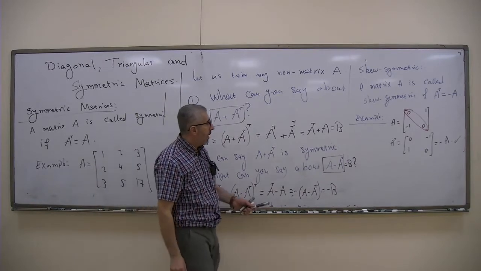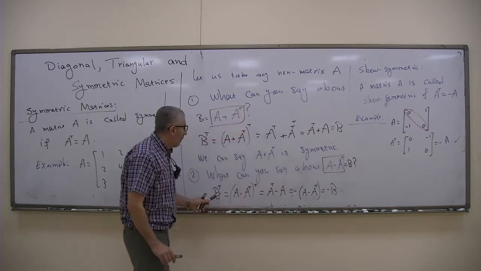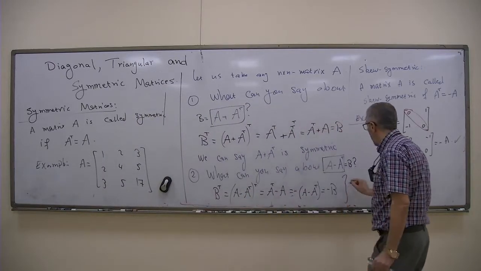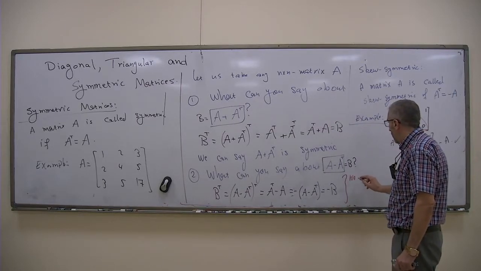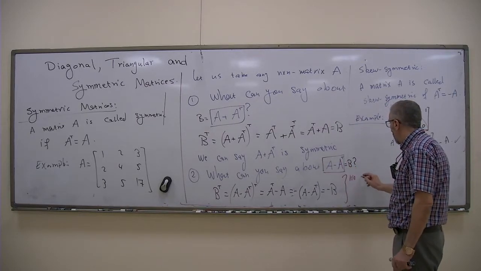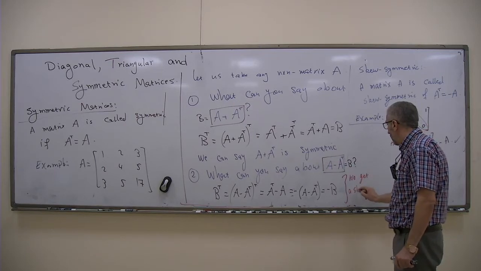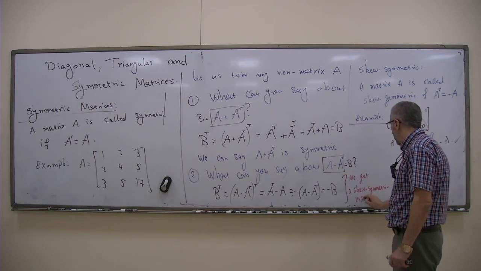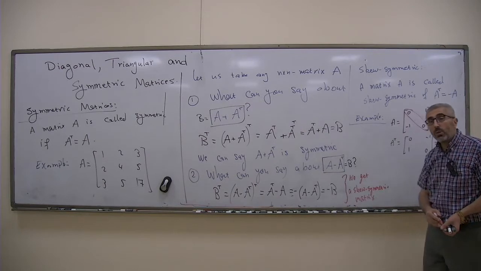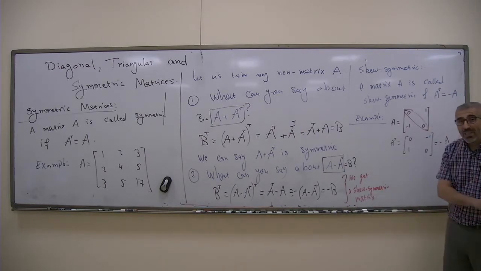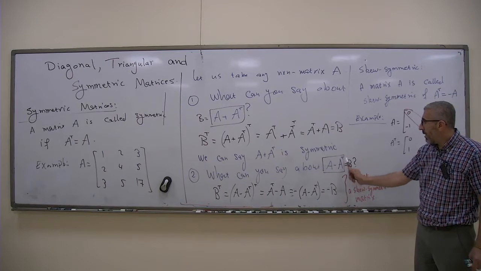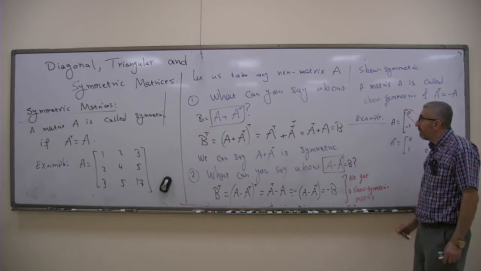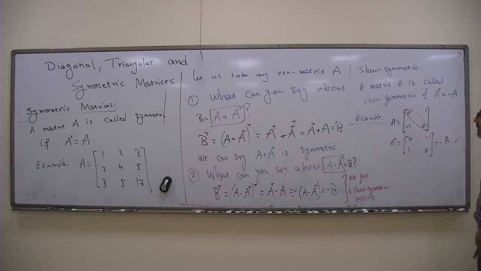So if you subtract the transpose of A from A, we get a skew-symmetric matrix. So if I ask you to give me an example of a skew-symmetric matrix, just take any square matrix, take its transpose, and subtract the transpose from A, and you are going to get for sure a skew-symmetric matrix. Okay? Symmetric matrices, skew-symmetric matrices.